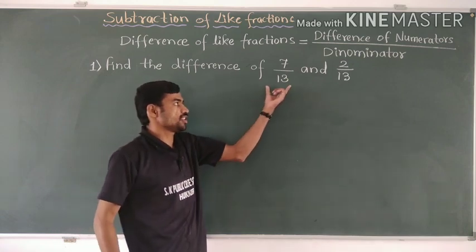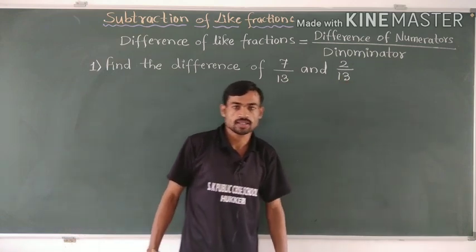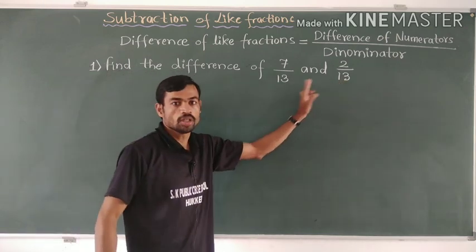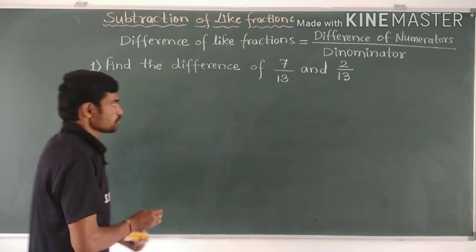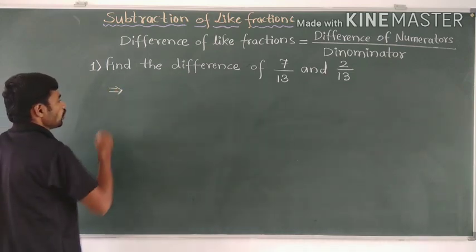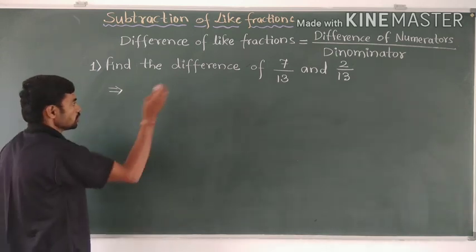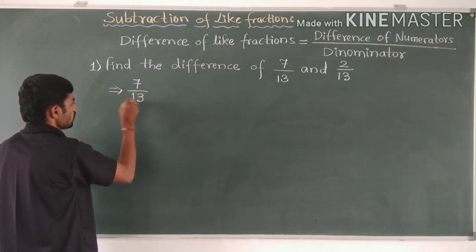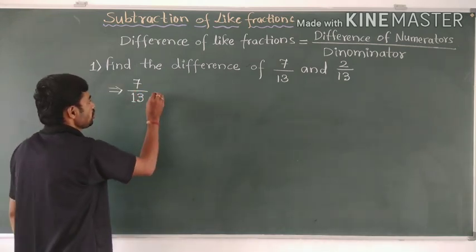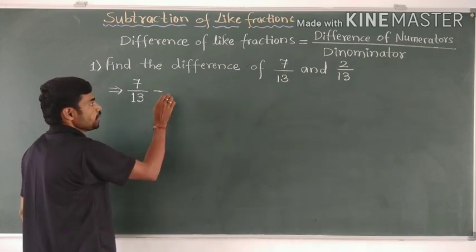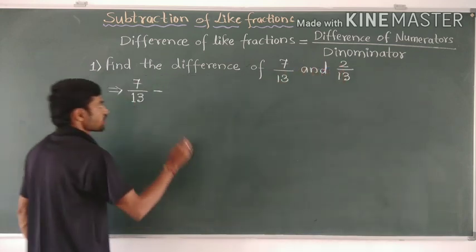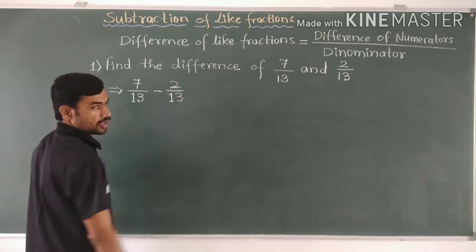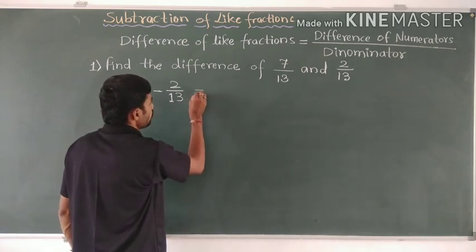Here, first we should see whether the given fractions are like or unlike. They are like fractions. Write the given fractions: 7 by 13 is the first fraction, and from this fraction we need to subtract the other fraction, 2 by 13. So what formula do we have to apply for this?